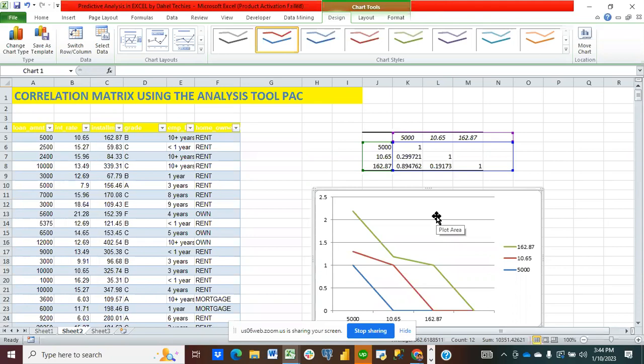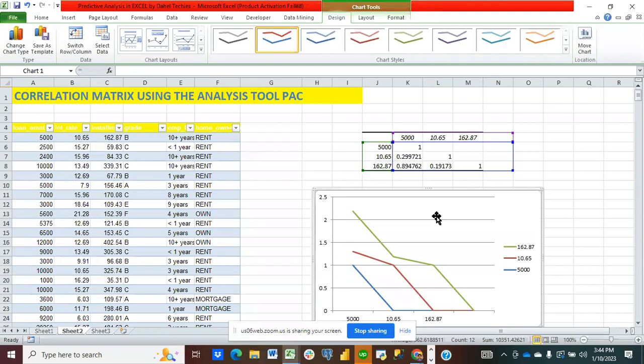I can see that the first two, the loan amount and interest rate, have their base point at the interest rate.